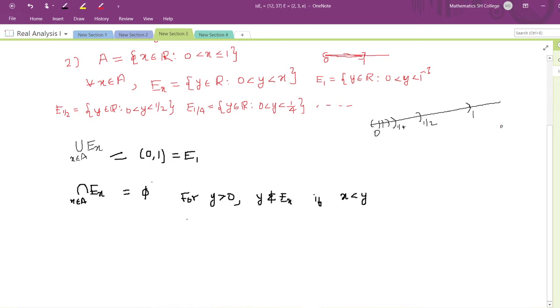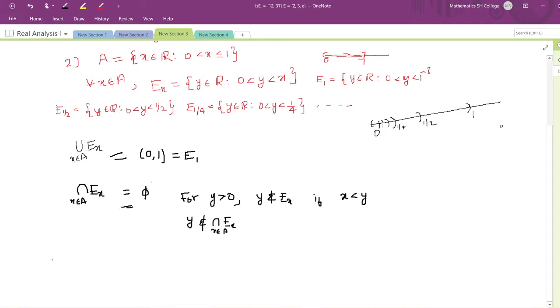So we can say that y is not an element of this intersection of E_x where x is an element of A. It means that this intersection is empty. If you take any element, we can always find an interval in which that element is not contained. So the intersection is empty.